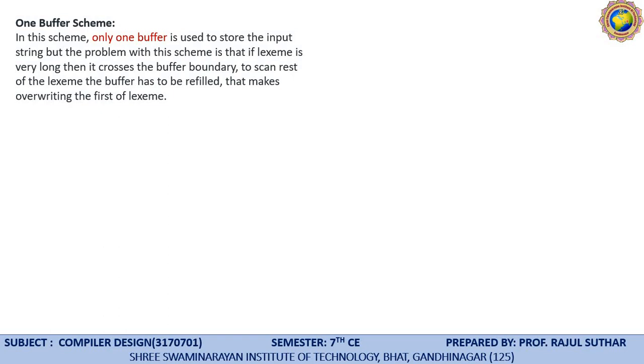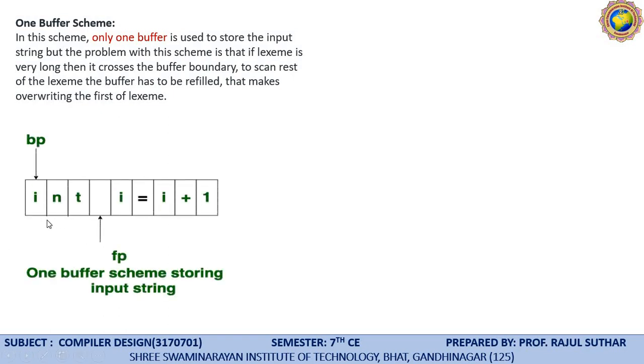To scan the rest of the lexeme, the buffer has to be refilled, which overwrites the first part of the lexeme. This is the single buffer technique, where we use a single buffer to store the input characters.